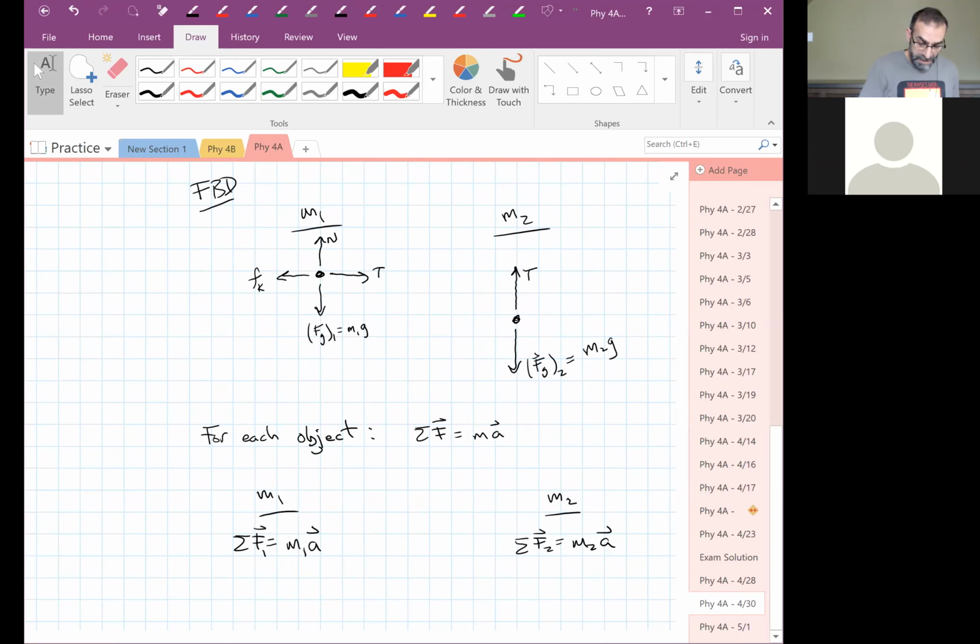So let's do M1 first, and I'll pick a coordinate system for M1. It's kind of nice. There's no incline here, right? So everything is already vertical and horizontal. All the forces are already in either vertical or horizontal directions, so I can leave them all like that. And what direction is this block accelerating? To the right in the horizontal direction. So I'll pick that as my positive direction for my coordinate system.